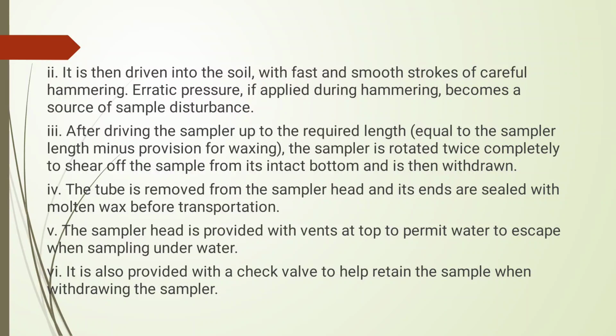Then the sampler is removed by rotating it twice completely to shear it off. Then the tube is removed from the sampler head and the ends are sealed with molten wax before transportation. And then it is used for laboratory tests.